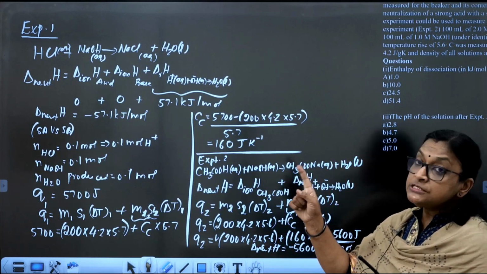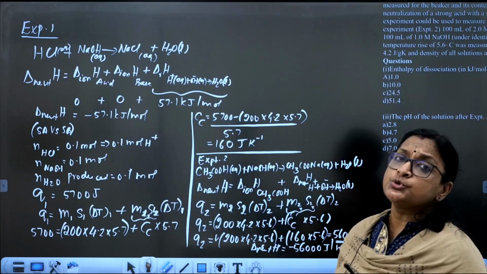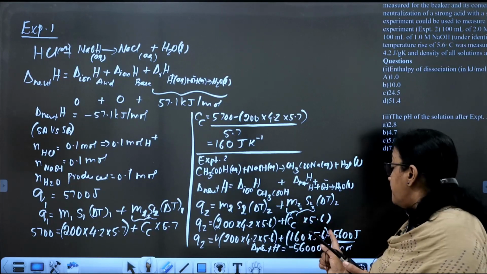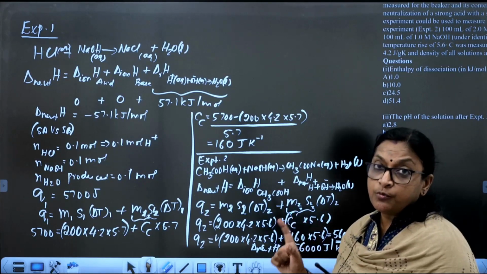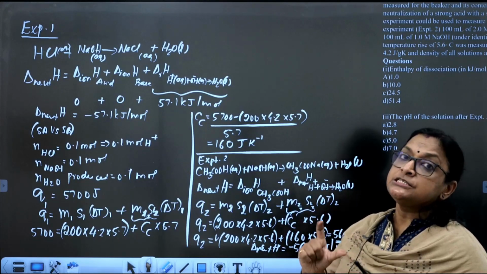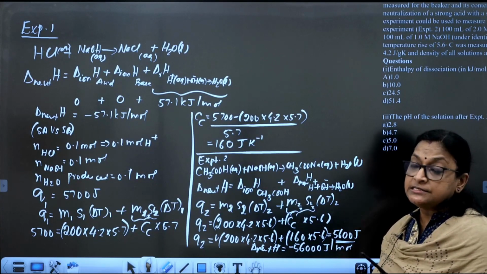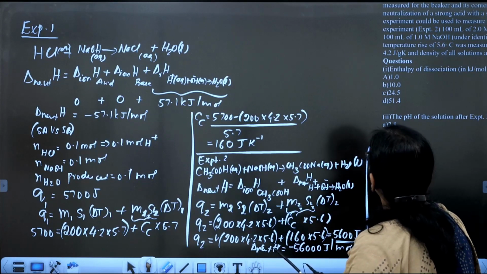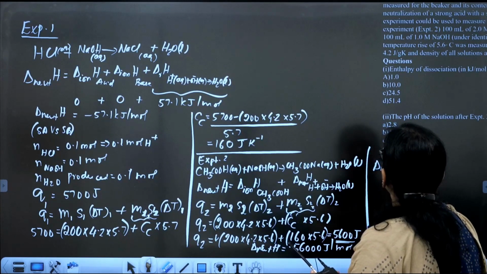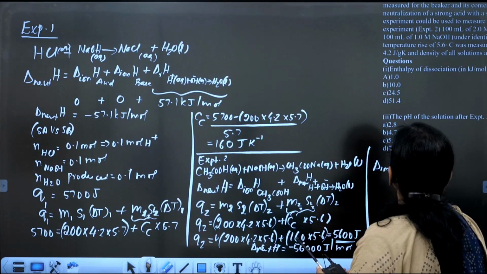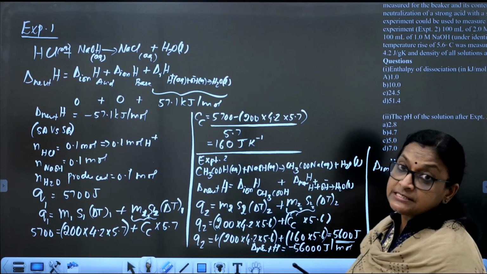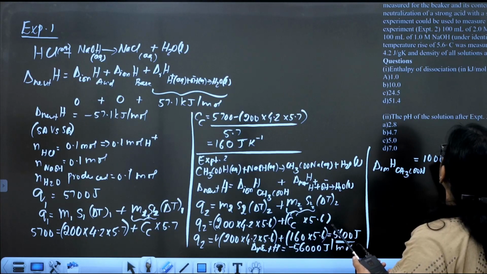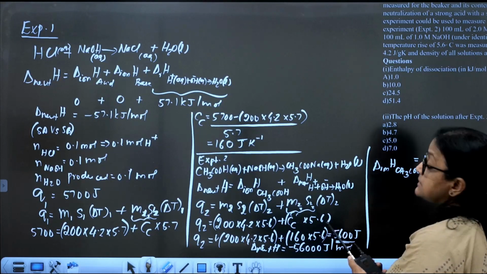So for strong versus strong, minus 57,000 joule per mole water formed. And for weak versus strong, minus 56,000 joule per mole water formed. So the difference is due to the ionization of acetic acid. From here, we can clearly say that the enthalpy of ionization or enthalpy of dissociation of acetic acid is the difference between them, which is 1000 joule per mole of acetic acid.